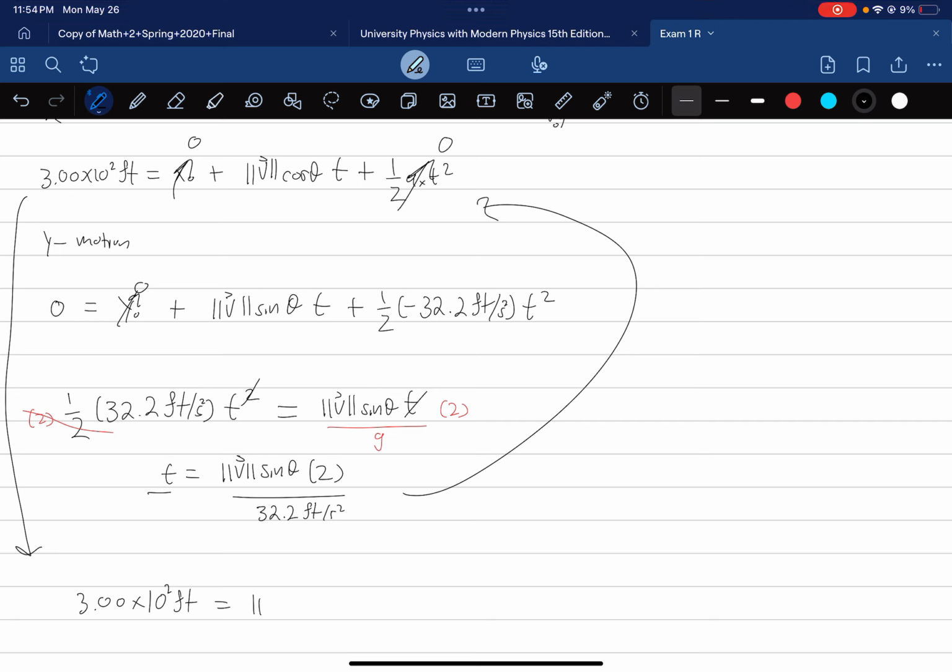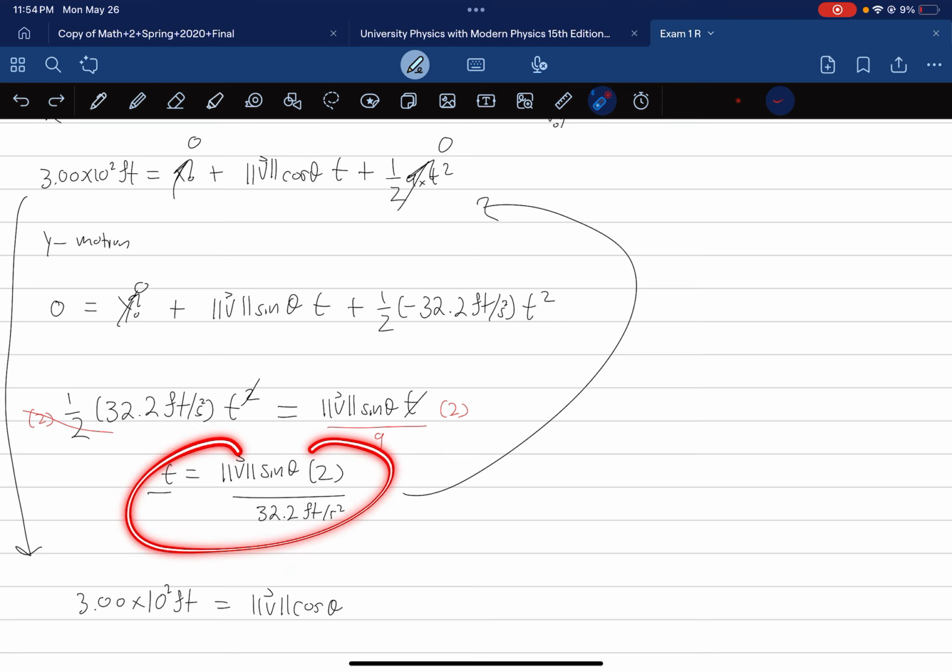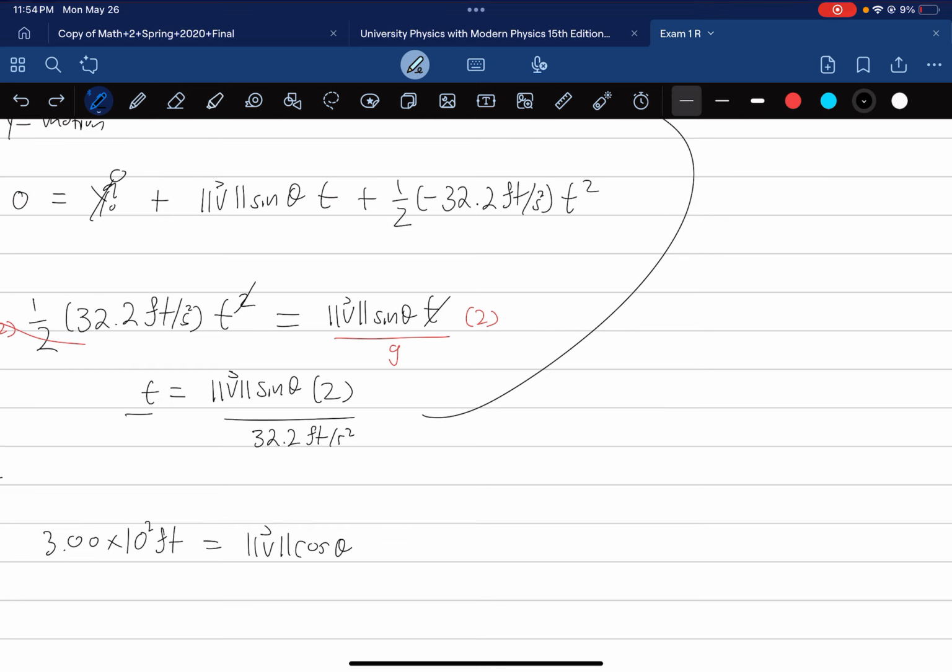Our initial velocity is the magnitude of v cosine theta, times t, which we found right here. This value is going to be plugged into that t value, which we're going to do down here. So we know that our value for t is the magnitude of v sine theta times 2, divided by 32.2 feet per second squared, or g.